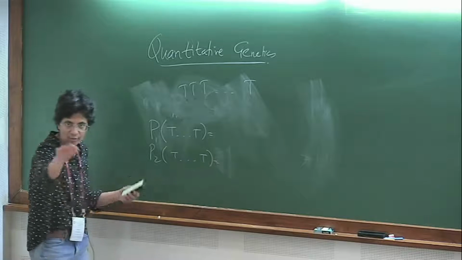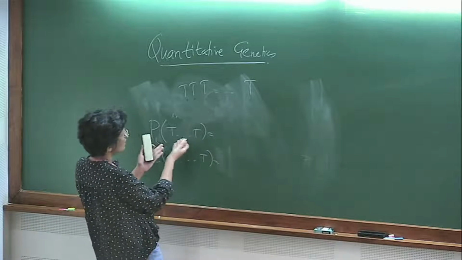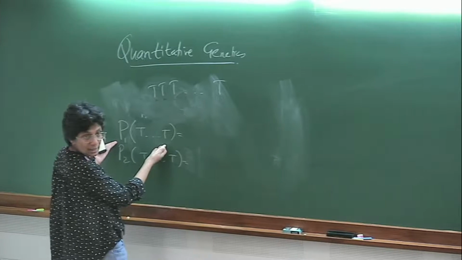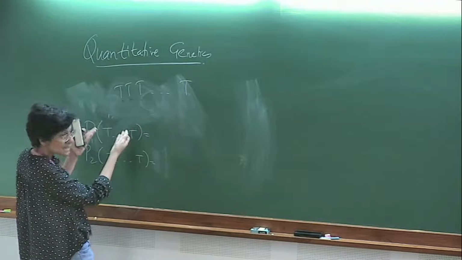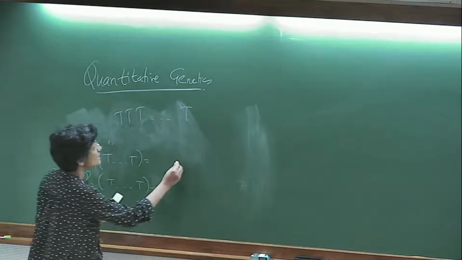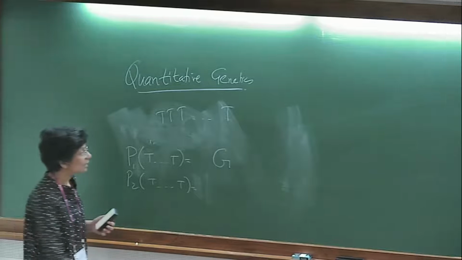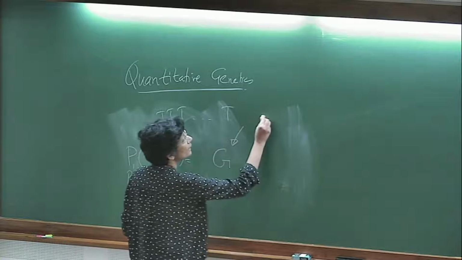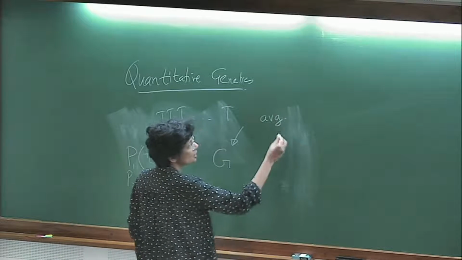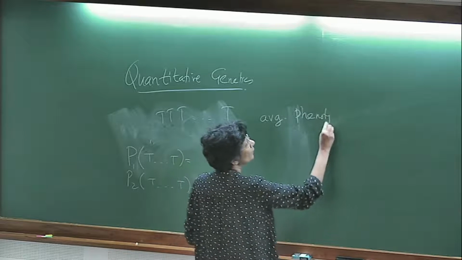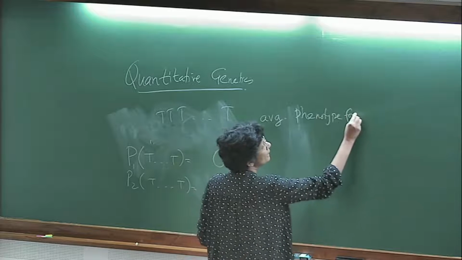Then as we said, it will be different, right? So what P equal to G plus E is saying is that for that individual, the phenotype in this isogenic population is equal to something called the genotypic value, which is simply the average phenotype for that specific genotype.